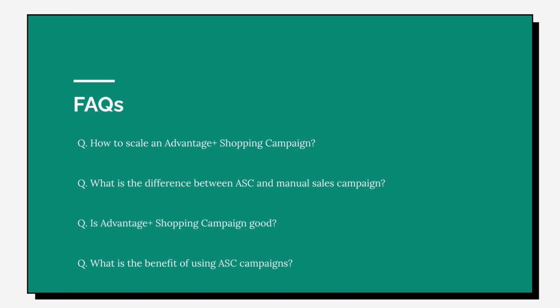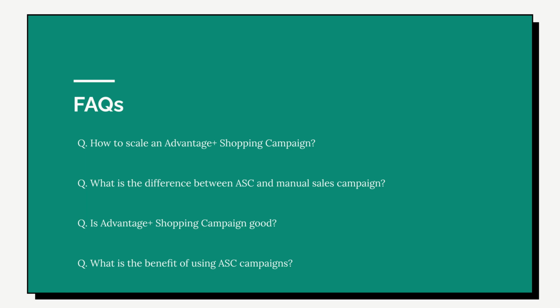That's how you'll see better results. Next, number two, what is the difference between ASC campaign and manual sales campaign? The prime difference is that you're leveraging advanced AI driven machine learning algorithms to find better results for you. With a manual sales campaign, you have to do everything. You have to understand and analyze which target audience will convert. You have to select the interests of the audience, go by either interests or location, and choose the audience's age group, demographics, etc. It's too much work, I would say, with the manual sales campaign.